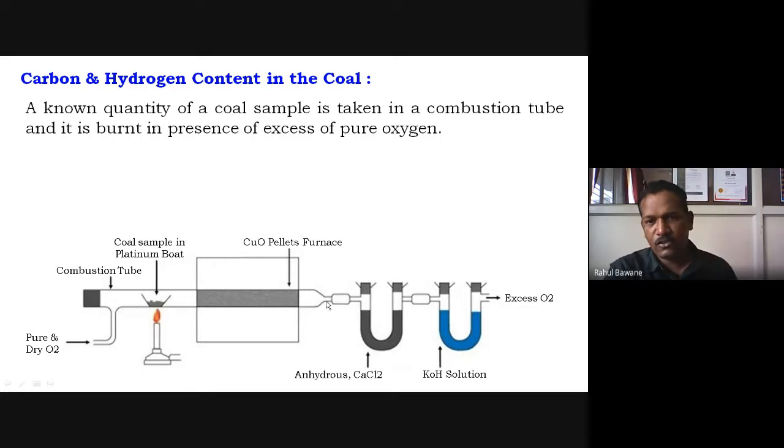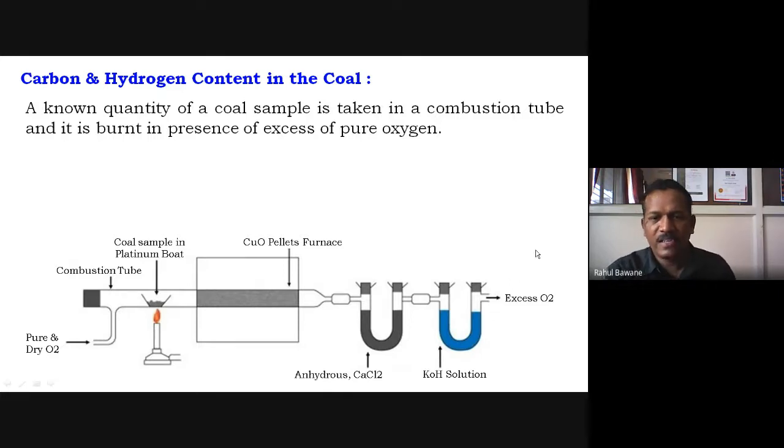After that, this tube has two U-tube sections, which are detachable. The first U-tube has anhydrous calcium chloride, and as you know, calcium chloride absorbs water, that is H2O. The second U-tube has KOH solution, and KOH absorbs CO2, and whatever excess oxygen is there will definitely move out.